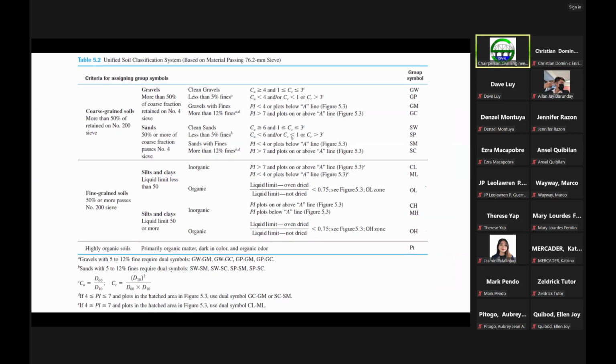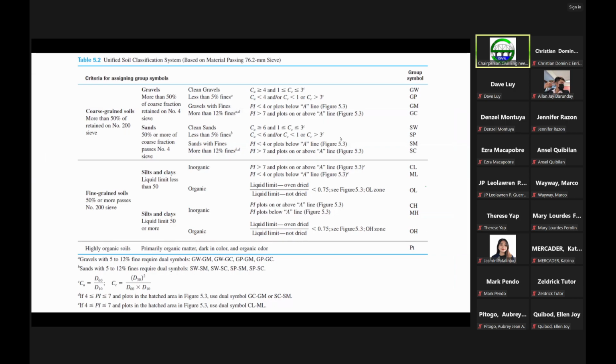But CC is greater than 1, so it doesn't satisfy this one nor this one. But anyway, this is an and/or. In this case, we can use the or. So that means we satisfied this one, CU is less than 6. So that's SP.